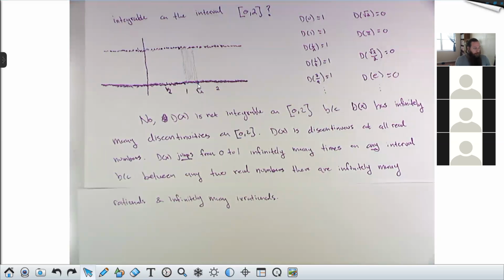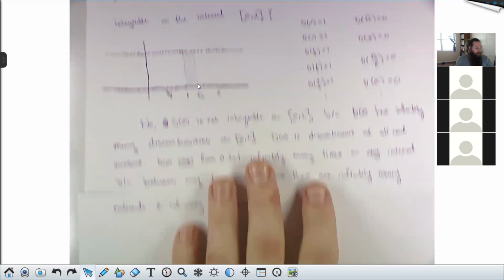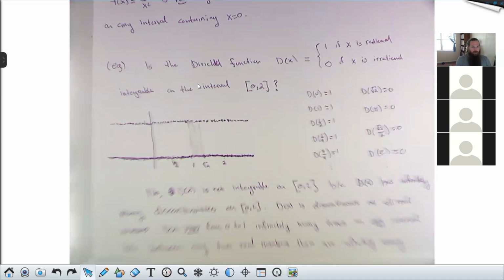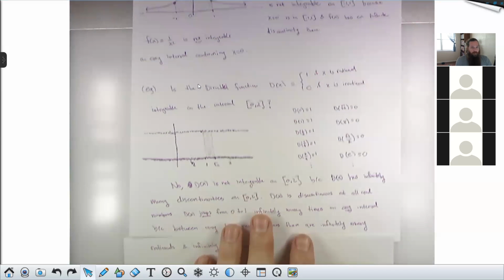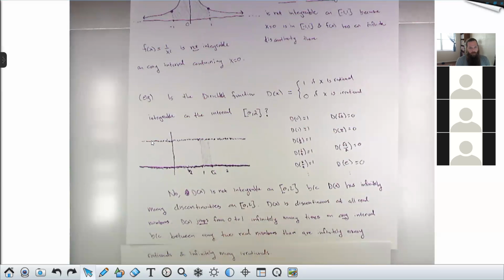Now it turns out that for both of these functions, there are ways we can answer the question using more sophisticated integration techniques. For this guy, we use what's called the Lebesgue integral. For this guy, we use what's called an improper Riemann integral.